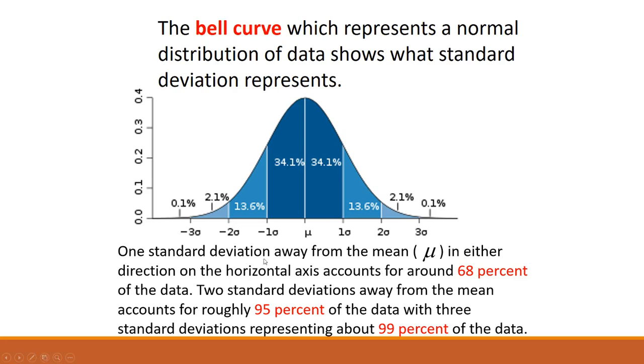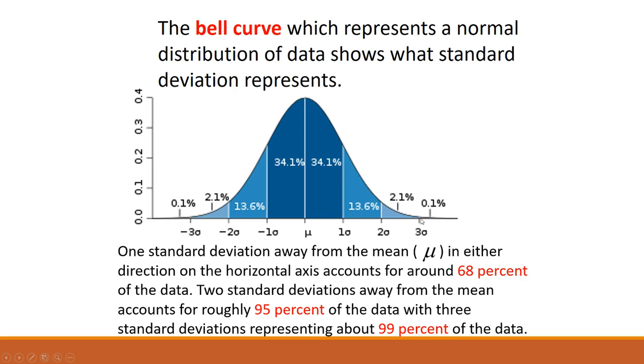Basically, we can look at this and we can see, okay, in the space between -1 standard deviation and +1 standard deviation, around 68% of your data falls. 95% of the data falls between -2 and 2. 99% of the data falls between -3 and +3 standard deviations.